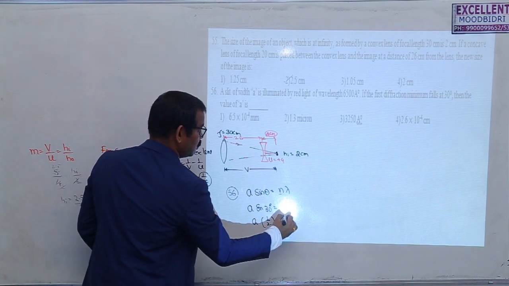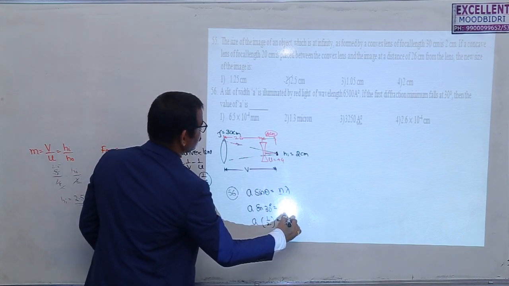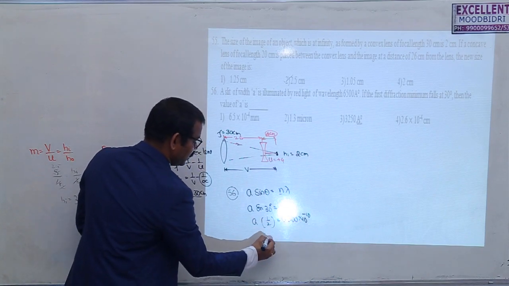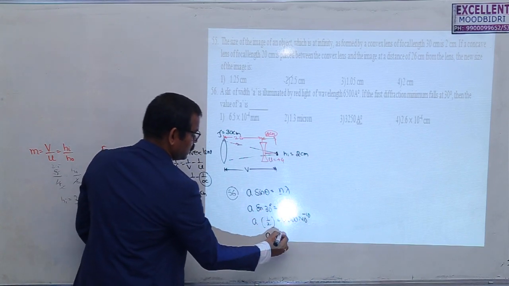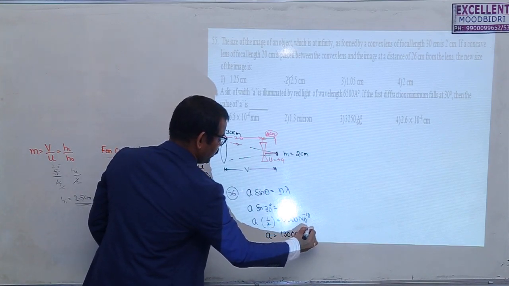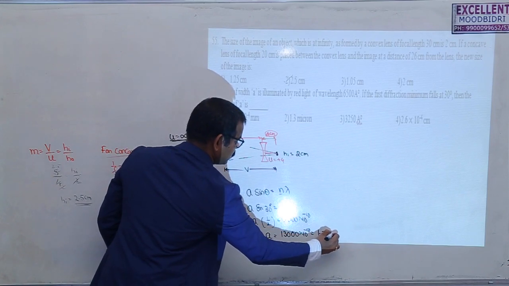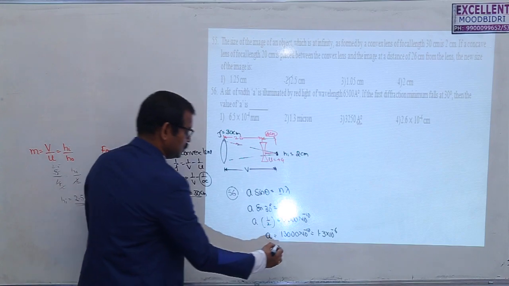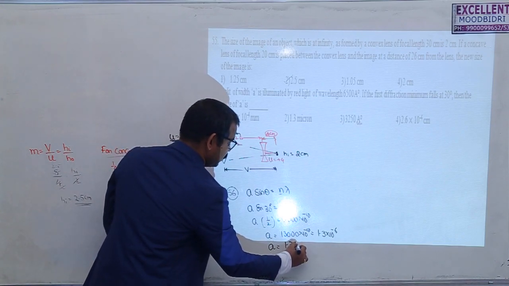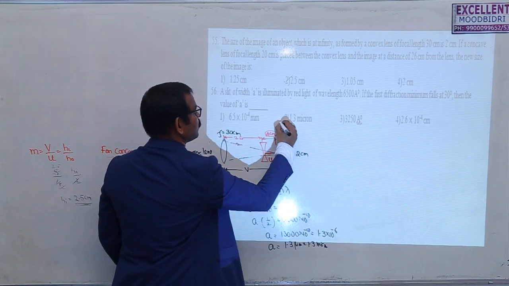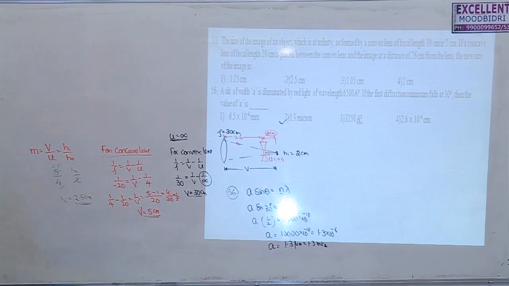A into 1 by 2 is equal to lambda, which is 6500 angstroms here. So you can multiply these two, 65 2s are 130, 00 into 10 power minus 10, or 1.3 into 10 power minus 6. So width of the slit in this case is 1.3 micrometers or 1.3 microns. So option 2 is correct.